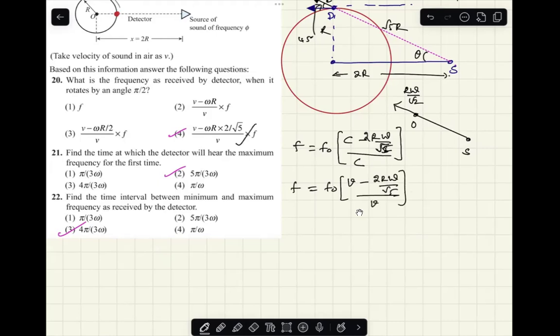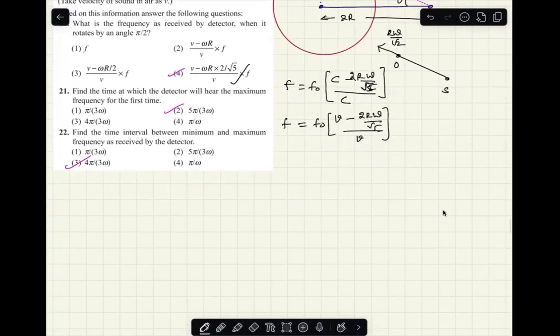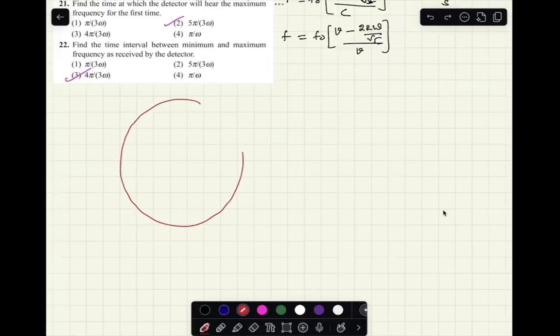I am asking again, any doubt? Any doubt? Darshan, do you have any doubt? Geetika, do you have any doubt? No, sir. Yes, sir. Right. Find the time at which the detector will hear the maximum frequency for the first time. If geometry is clear, then you are almost there.